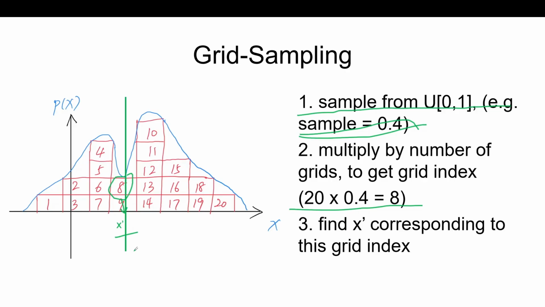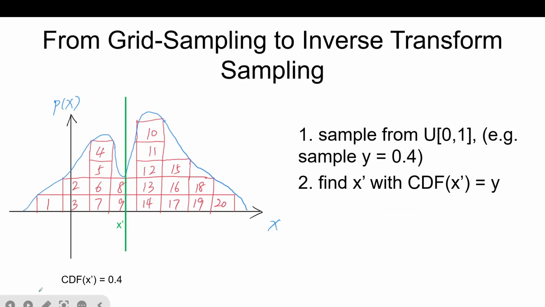What does this mean? It means that the cumulative distribution function, which is the area under the curve to the left, is 0.4. So the CDF at x prime is equal to our sample 0.4. If we understand this, it's pretty straightforward to go from grid sampling to inverse transform sampling.